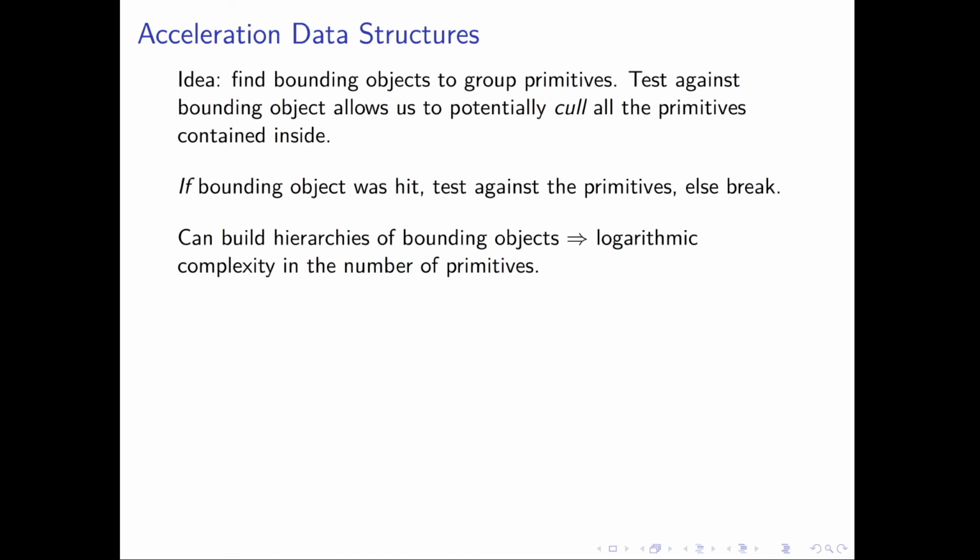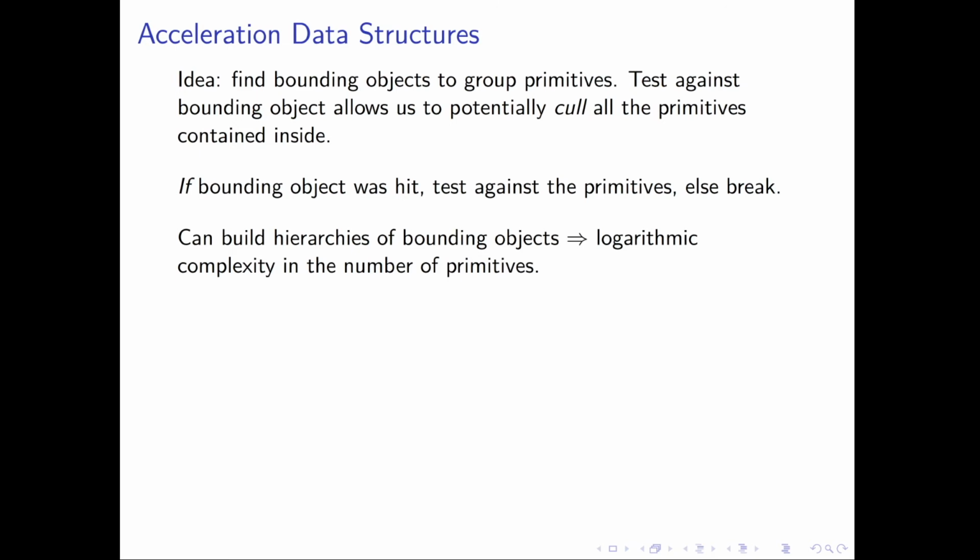The idea is that we find some type of bounding object to group our primitives, then test against the bounding object, and only if we hit that bounding object do we consider intersecting the primitives contained inside. That allows us to build hierarchies of bounding objects, and that reduces the complexity of the query to find the closest hit, which originally was an O of n query in the number of primitives tested. Using bounding objects and hierarchies of bounding objects allows us to reduce that to logarithmic complexity in the number of primitives.